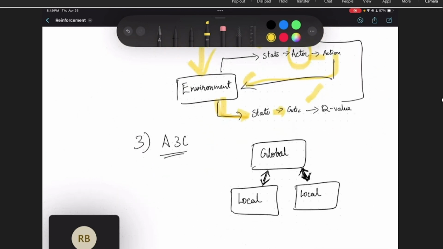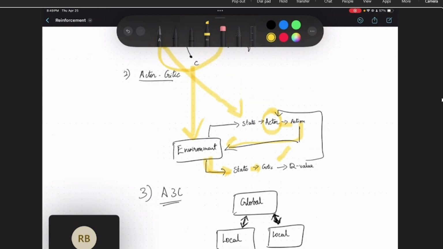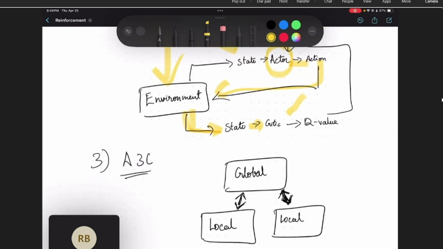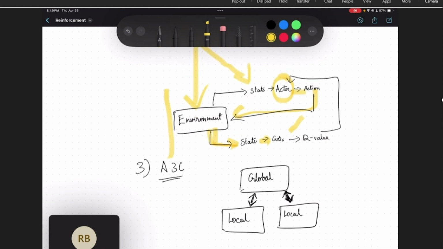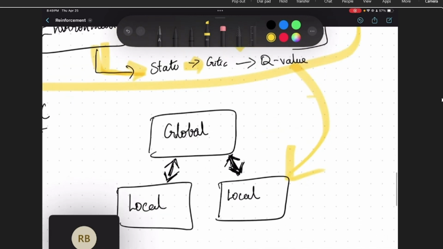Coming to the next topic, A3C. A3C is an advanced version of the actor-critic method, as I mentioned before. Let's consider this as a local model. Every environment will be under a local model, and every local model has a certain policy, which gets updated and is asynchronously connected to the global one.